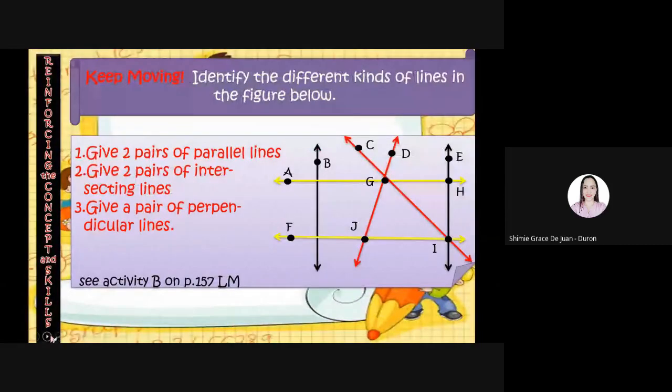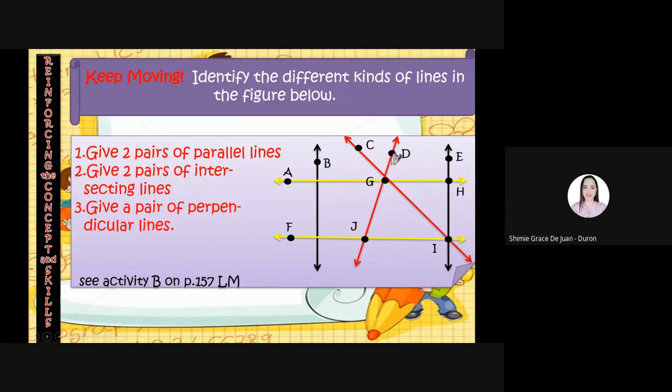Let's keep moving. Now, let's identify the different kinds of lines in the figure below. Let's answer and find. Number 1, your task is to give 2 pairs of parallel lines. As you can see here, the line C and the line DJ.